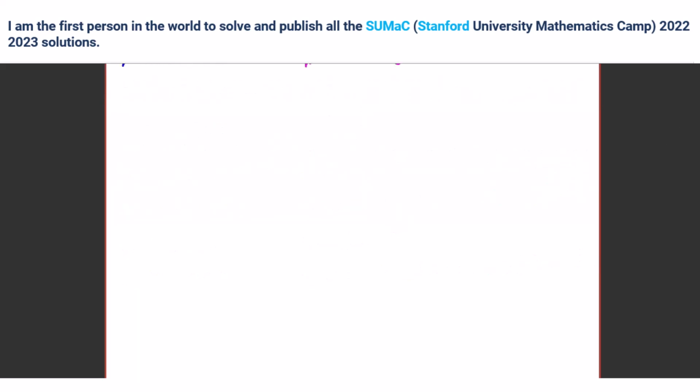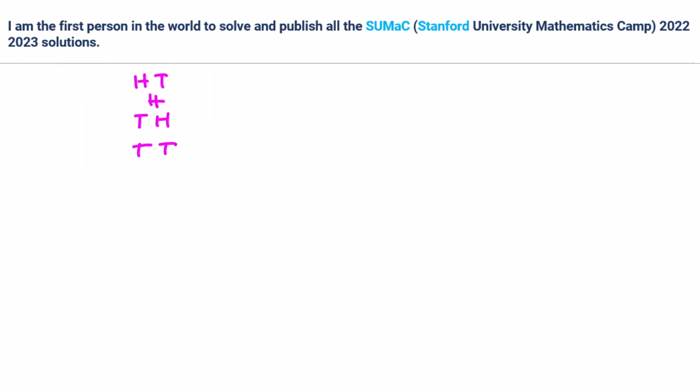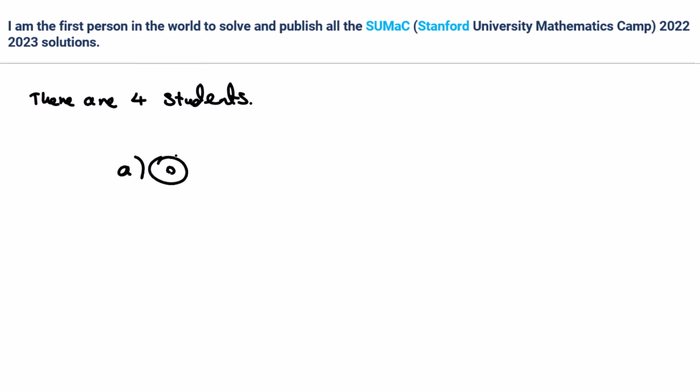No. Let me tell you something that is so much important. Let me tell you a point. There are 4 students. You want to split them into 2 parts: a group with 1 member, a group with 3 members.